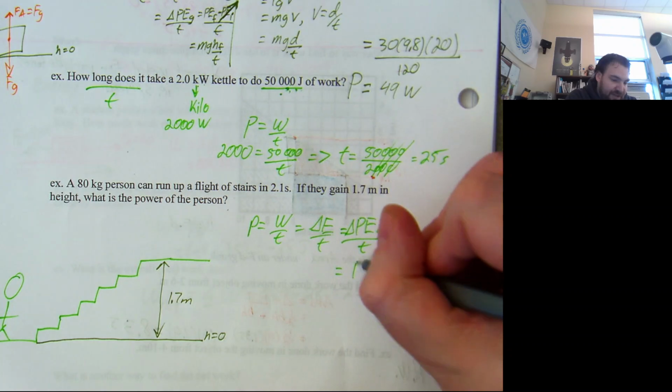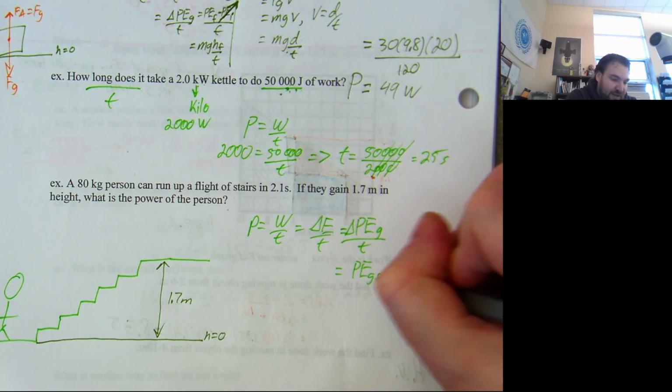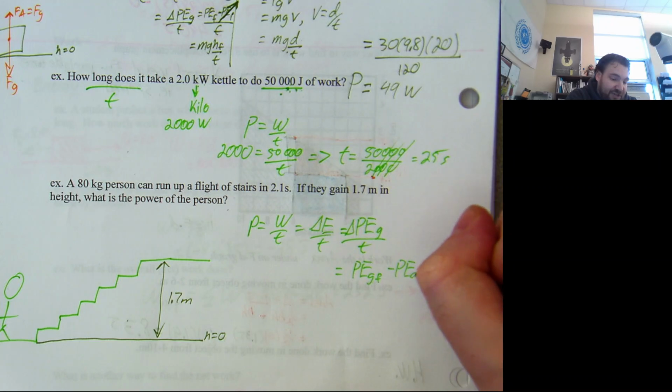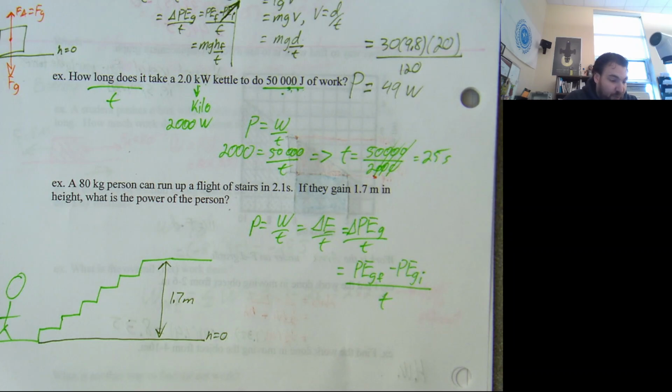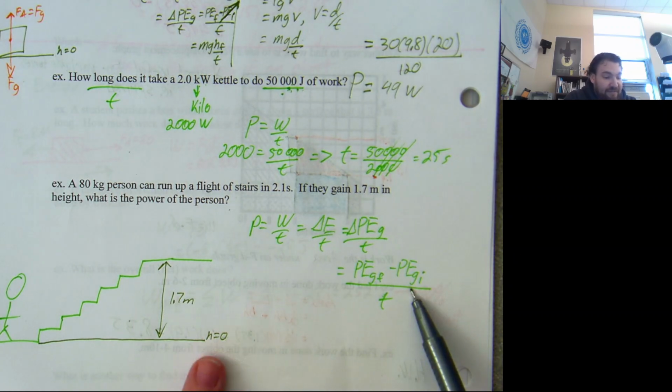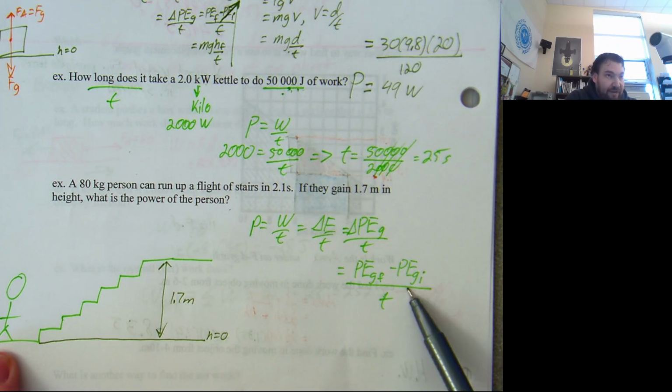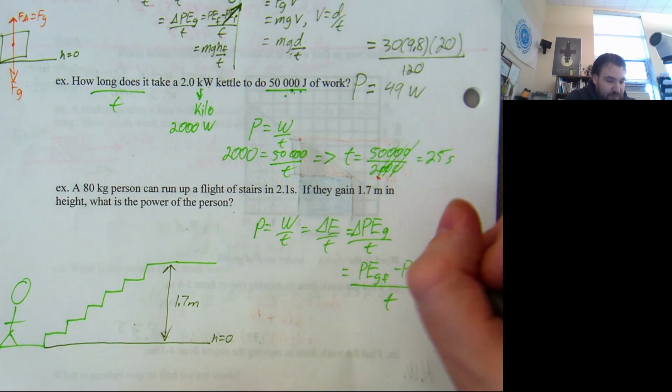That's just equal to potential energy gravitational final minus potential energy gravitational initial, divided by time. And if we call that bottom step 0, if they start at 0, initial gravitational potential energy is 0.